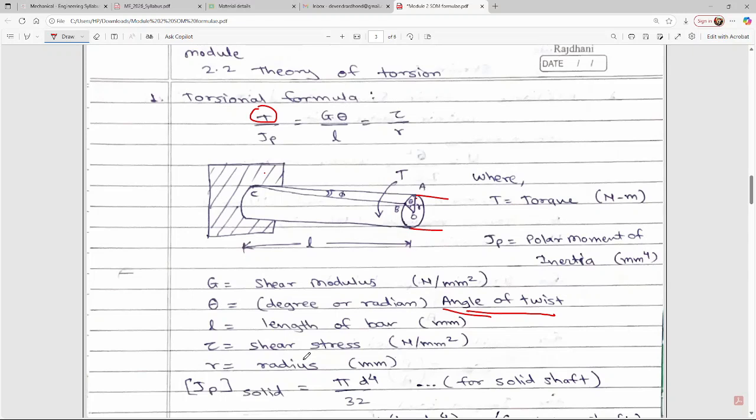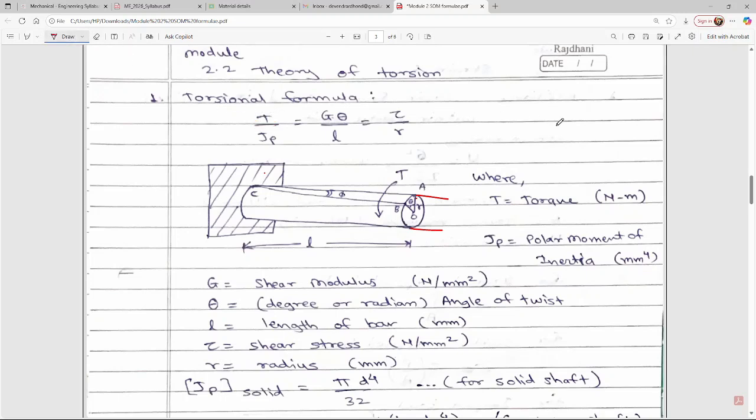Polar moment of inertia is Jp. Torque is T. You have to look at the unit carefully, because the unit plays a very important role in problem solving.